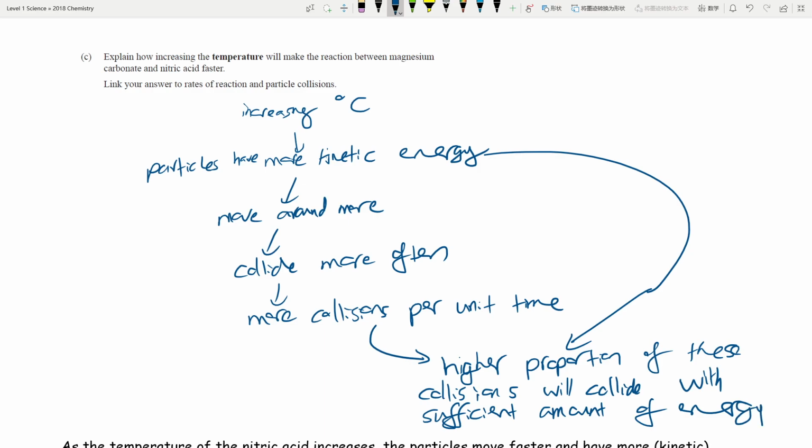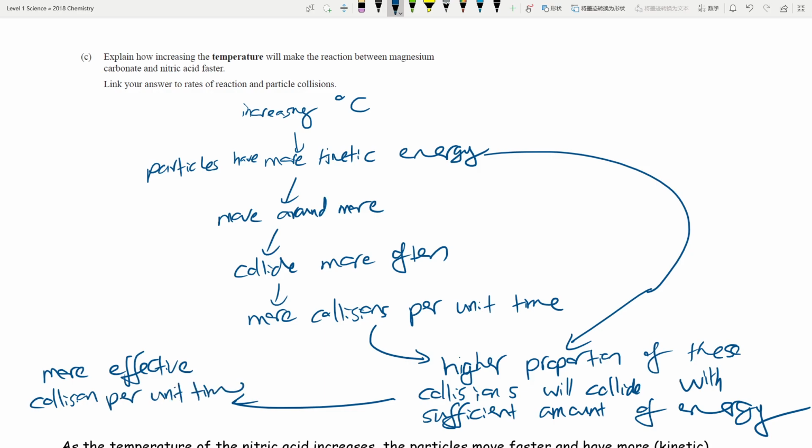Okay, so that means more effective collisions per unit time, and therefore a higher rate of reaction.